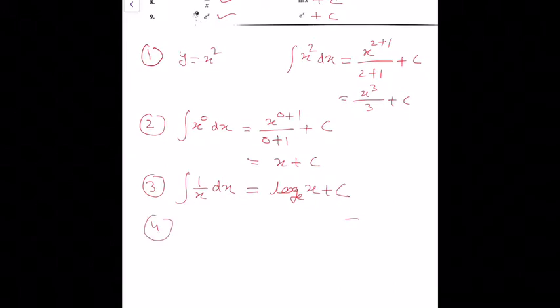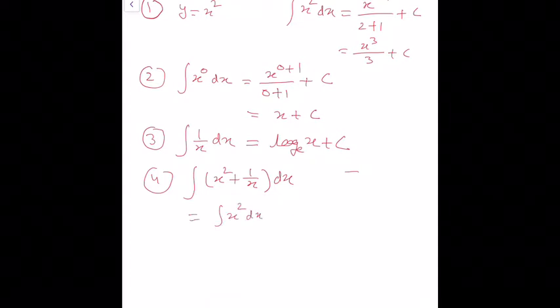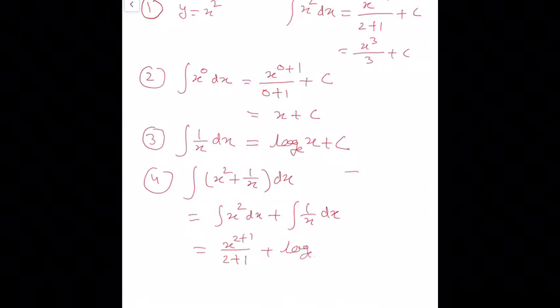Fourth, x square plus 1 upon x dx is equal to x square dx plus 1 upon x dx. x square means x to the power 2 plus 1 upon 2 plus 1, plus 1 upon x, log base e x plus c.